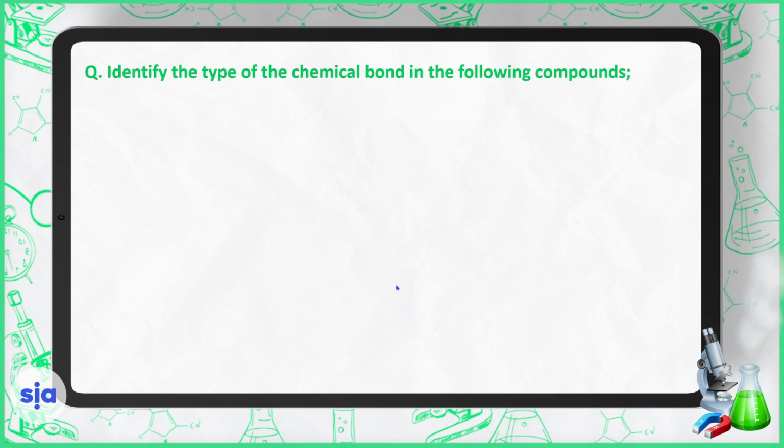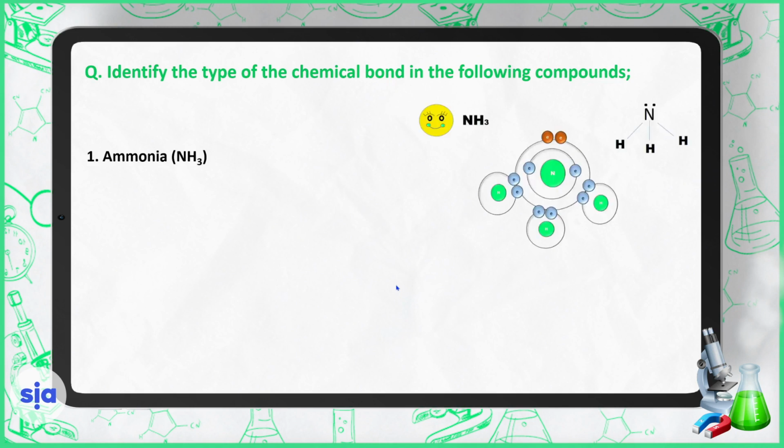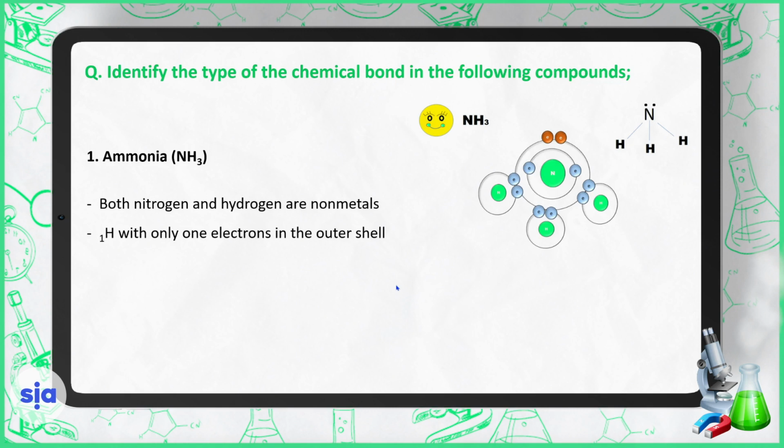Identify the type of the chemical bond in the following compounds. Ammonia, NH3. Here is a nitrogen and 3 hydrogen atoms. Both nitrogen and hydrogen are non-metals, so they will share electrons.